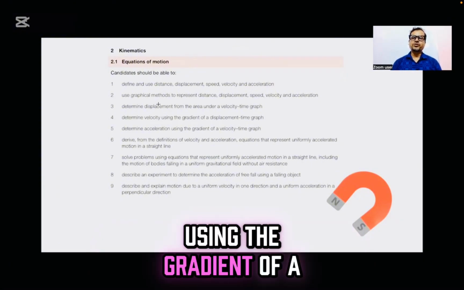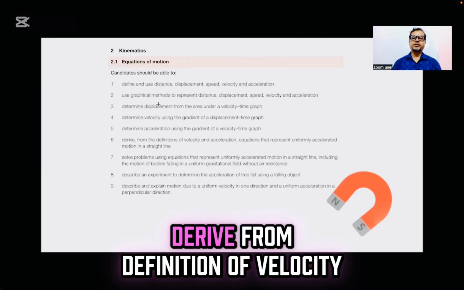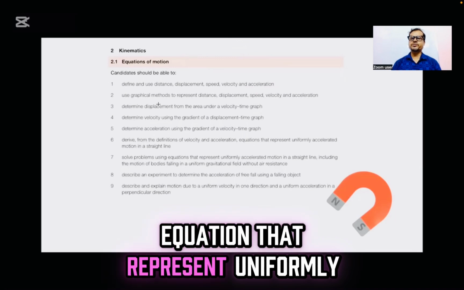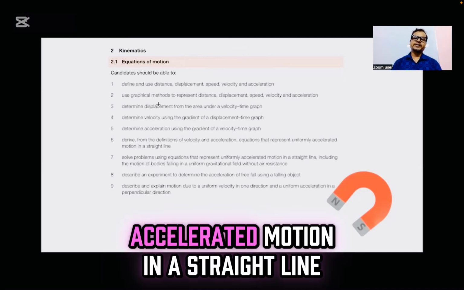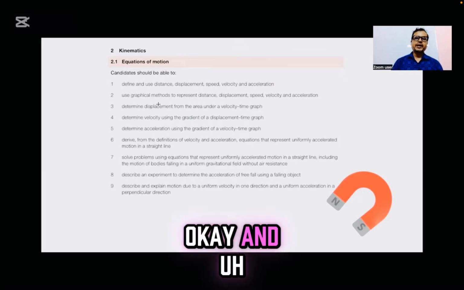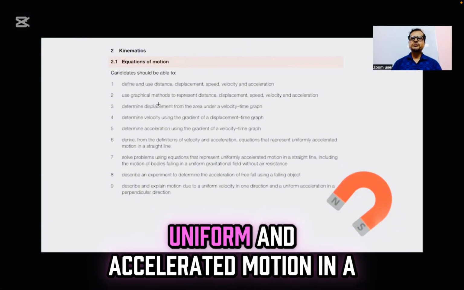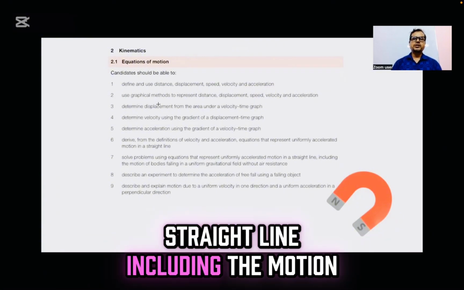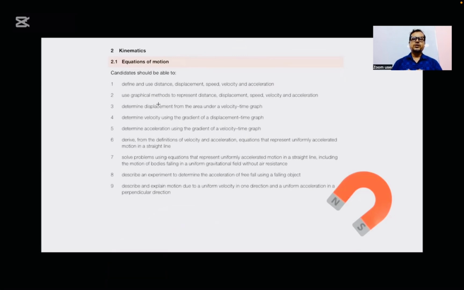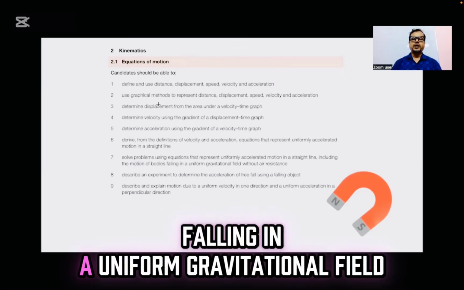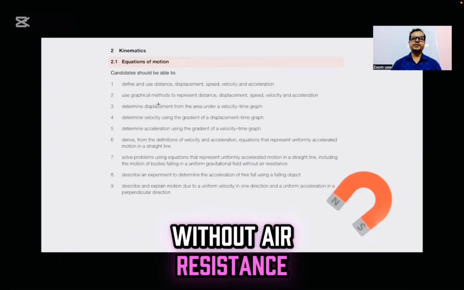using the gradient of a velocity-time graph. Derive equations that represent uniformly accelerated motion in a straight line from the definitions of velocity and acceleration, and solve problems using them, including the motion of bodies falling in a uniform gravitational field without air resistance.